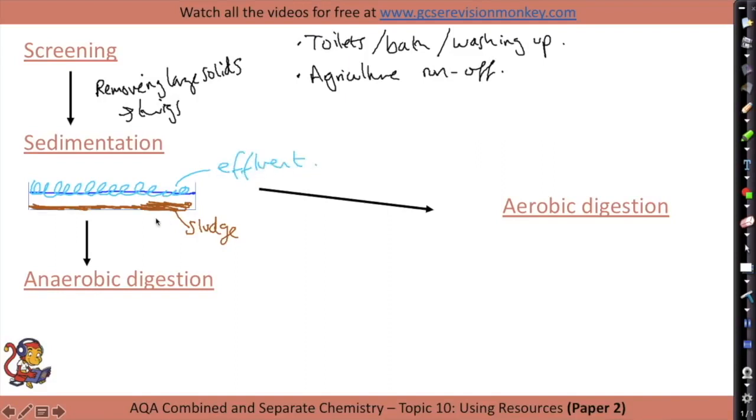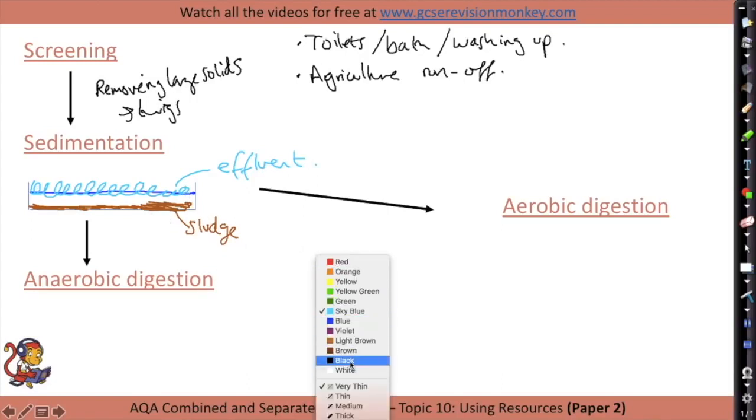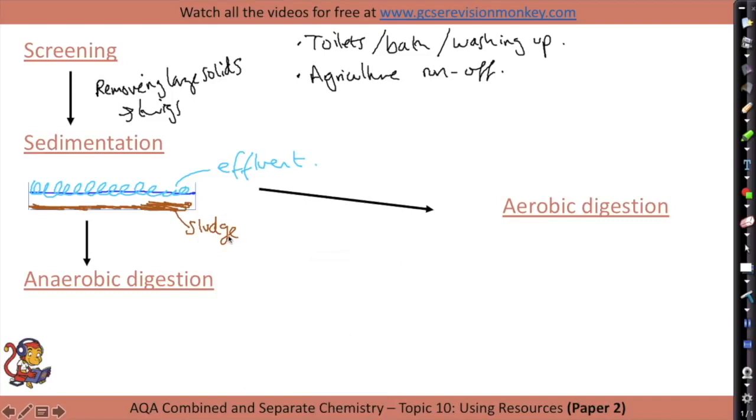So this water will be left in these tanks for quite a long time and allowed to separate, and then two different processes take place depending on whether we're treating the sludge or the effluent. So for the effluent, that undergoes aerobic digestion. So this top bit is removed from the tanks, and then air is pumped through the effluent.